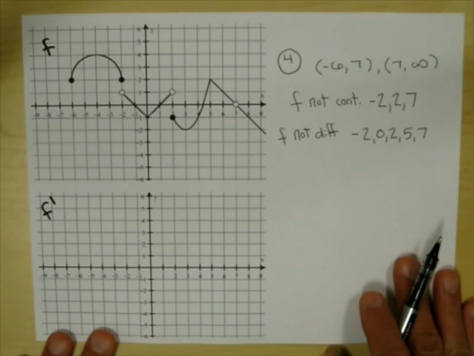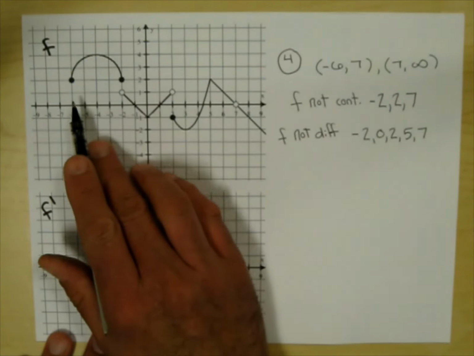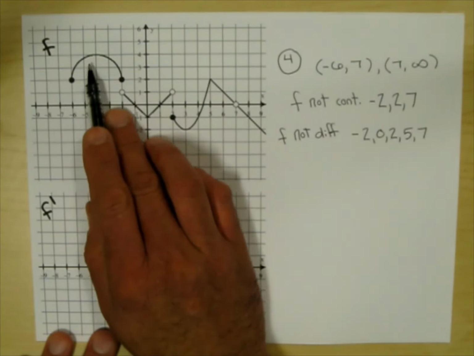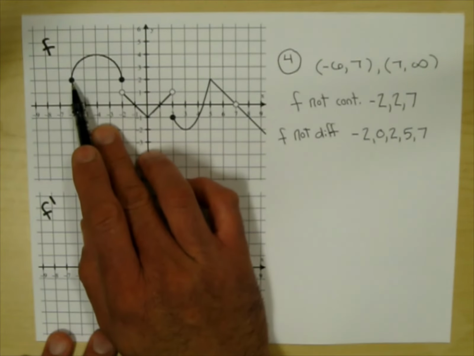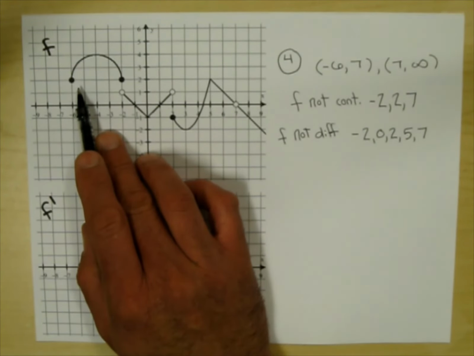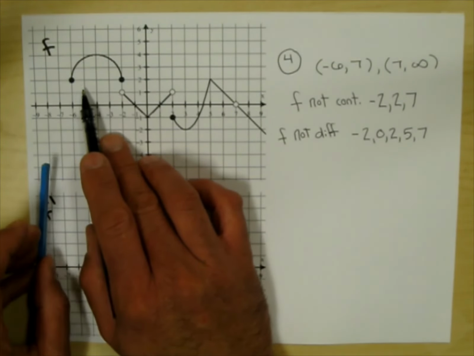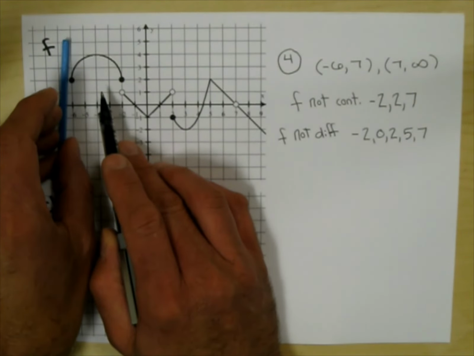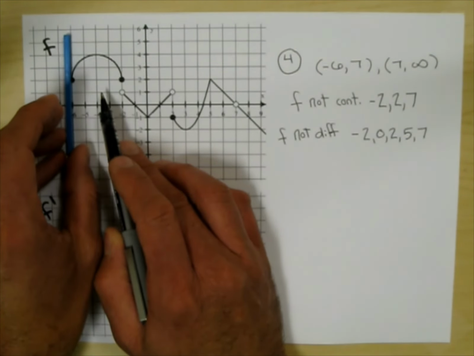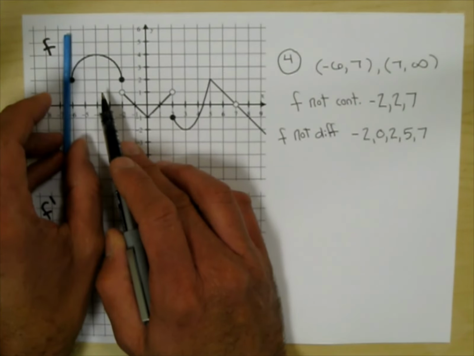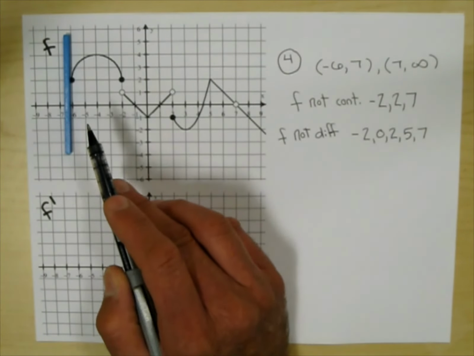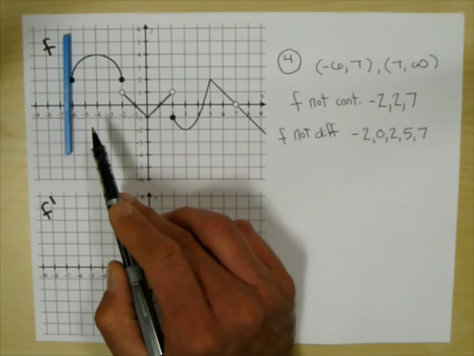Okay, let's go ahead and draw our graph. This time I'm just going to go from left to right. This looks like a semicircle. Now let's look what happens with the semicircle. Now if there was a full circle and you drew a tangent line to a point on that circle, wouldn't the tangent line be vertical?